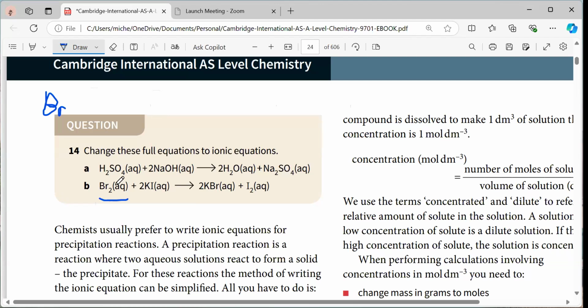If you say Br bromine, then it's monatomic, but since there's a two right there, it is diatomic. So that's the difference if you're asking about the small number beside Br. I hope that answers your question.